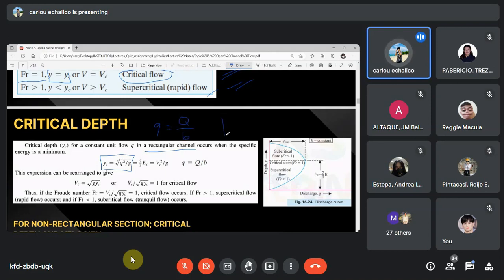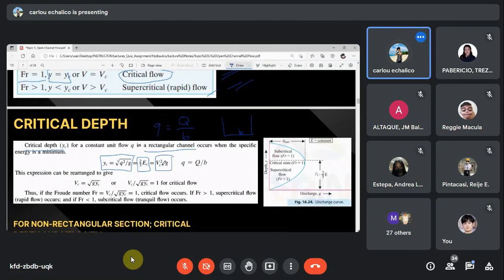So in a rectangular channel, with its base B, small q is Q over B. That is the formula to get the critical depth of your channel. So the relationship of your critical depth to the critical specific energy is just 2/3 of your critical specific energy. Okay?